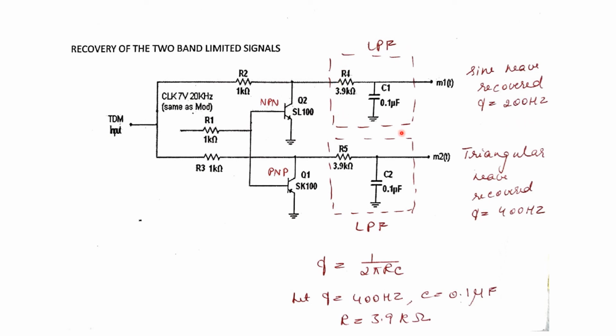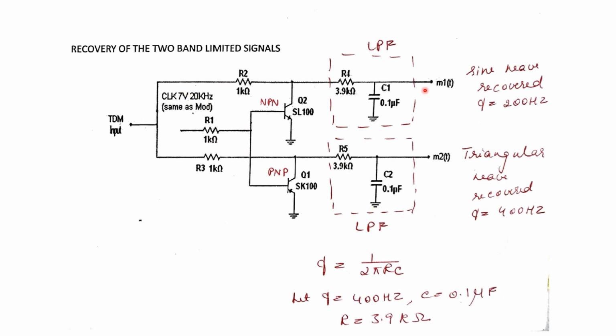That means the low pass filter which can pass the frequencies below 400 Hz can also pass all the frequencies below 200 Hz. That is because 200 Hz is less than 400 Hz. So we can use the same R and C values.